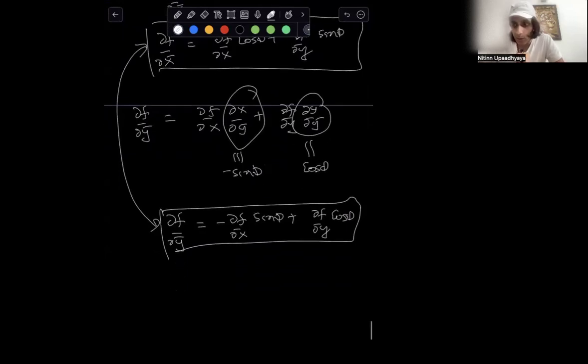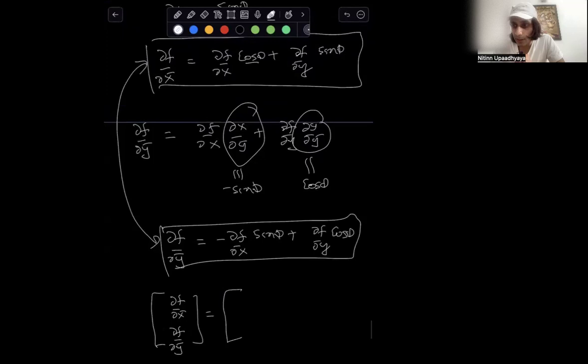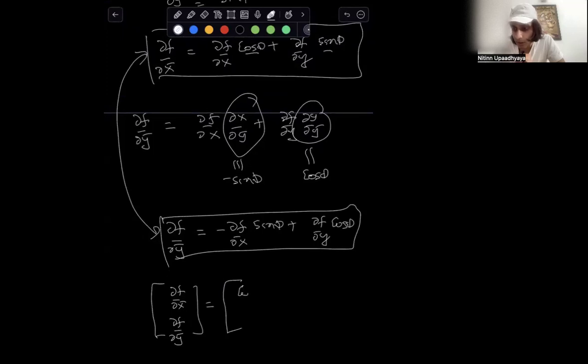So if I write this down in matrix form, we see that dou f, dou x bar as the first component and dou f, dou y bar as the second component equals, the first row is cosine phi, sine phi, then the second row is minus sine phi, cosine phi.